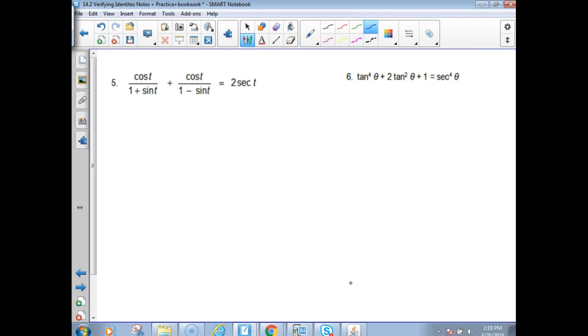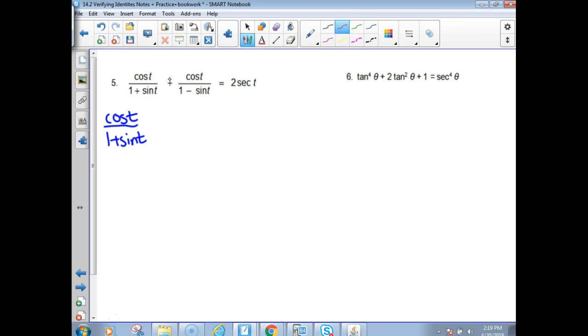All righty now. Number 5. I need to be able to add these fractions, but they don't have the same denominator. So I'm going to rewrite the first fraction. Now we've got t's instead of thetas.